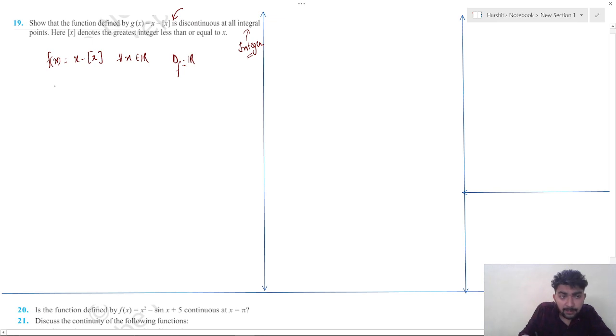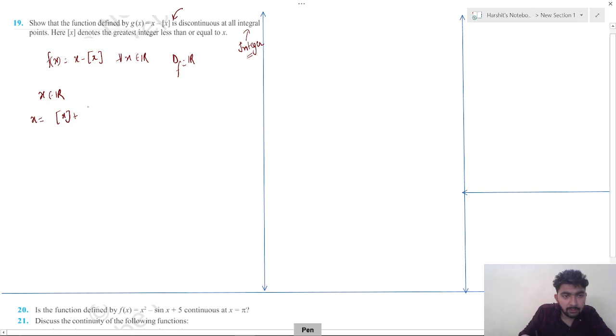Now, to show this function is discontinuous at all the integer points, first of all we will see something. Any real number has two parts: the greatest integer part and the fractional part.